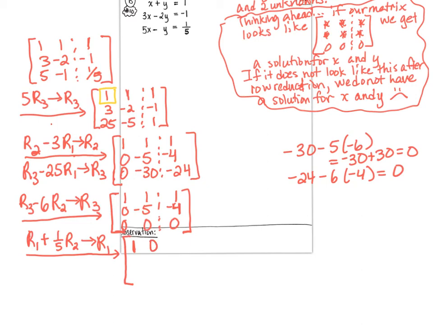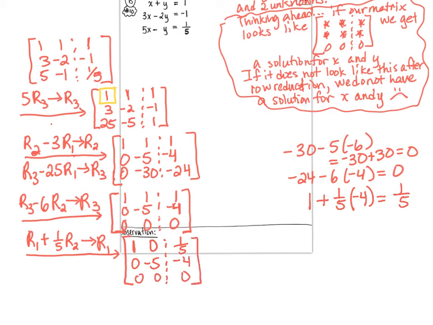And then we have 1 plus 1/5 times negative 4. That gives us, say it loud, 1/5, good. So we get 1/5 here. And then the second row, did that change? No, so we get 0, -5, -4, and then we have a row of zeros.